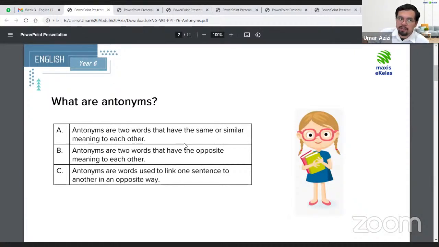So we've previously learned about what synonyms are, and assuming the antonym is the opposite, is it A, antonyms are two words that have the same or similar meaning to each other? Is it B, antonyms are two words that have the opposite meaning to each other? Or C, antonyms are words used to link one sentence to another in an opposite way? Put down your answers in the comment section below.